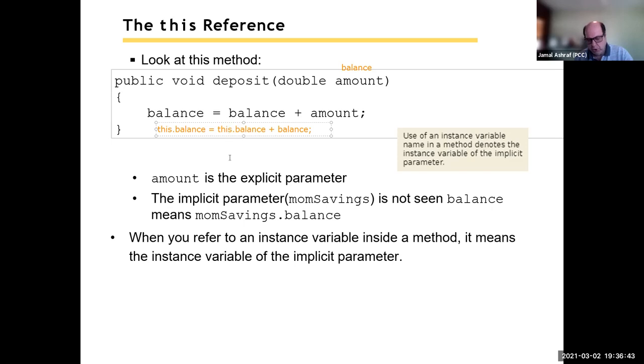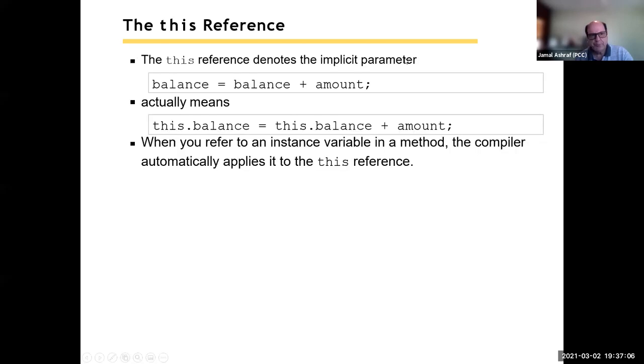That's going to be pointing to its current object. Remember the implicit one, that's the current object that I needed. So if this was mom's savings, this is basically calling mom's savings. It's going to be confusing for CS2 students.